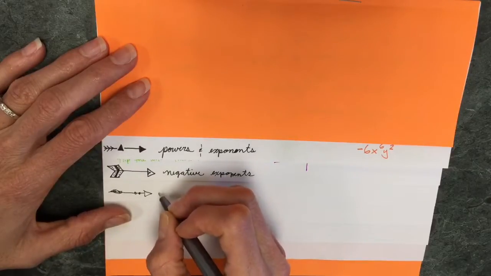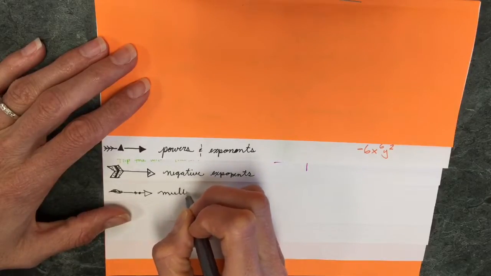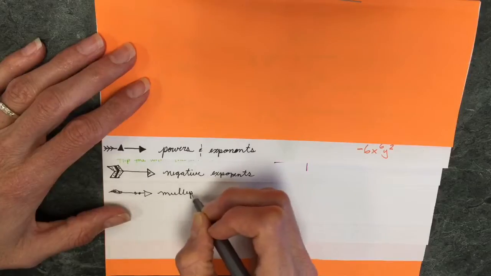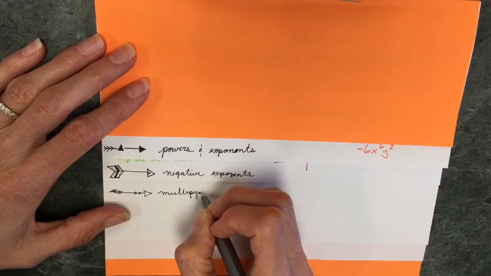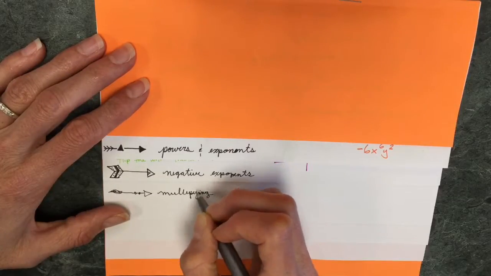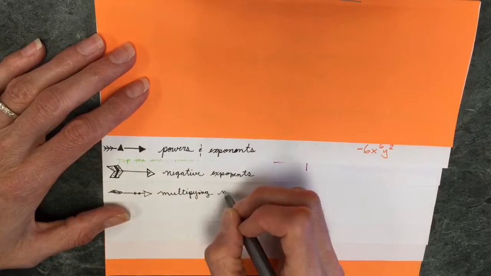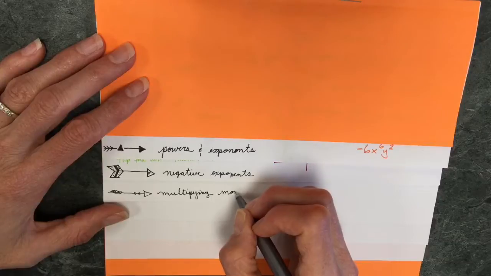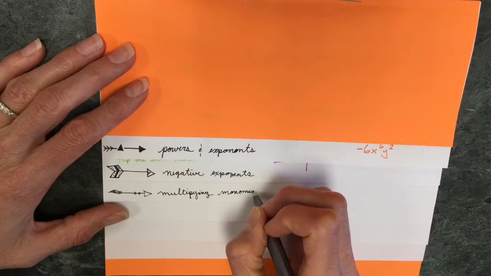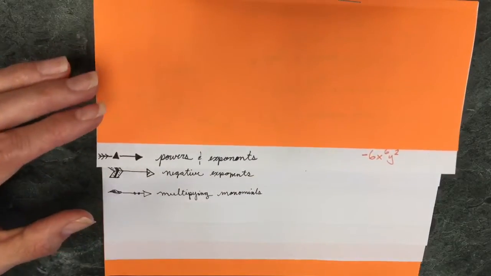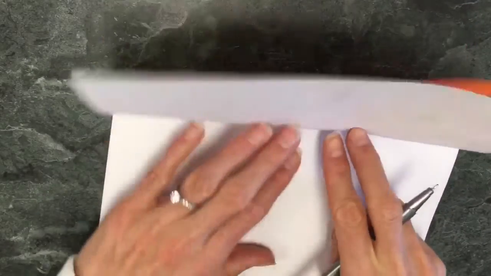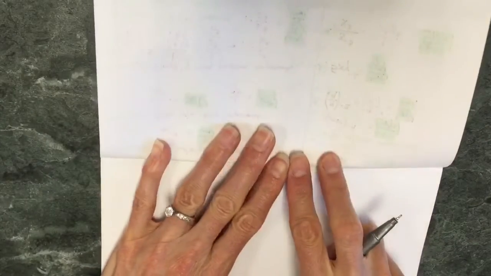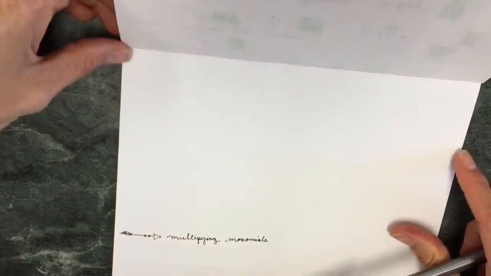Multiplying monomials. We will nicely fold that back. We're just going to use the bottom part here for today.